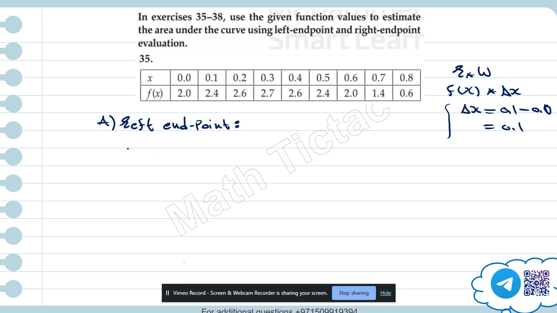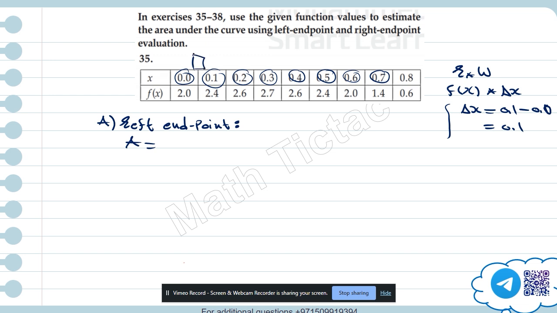Now, using the left endpoint, I will say the area is equal to the following. Since I'm using the left endpoint, I'll start with this point, then this point, and I'll take them all except the last one.